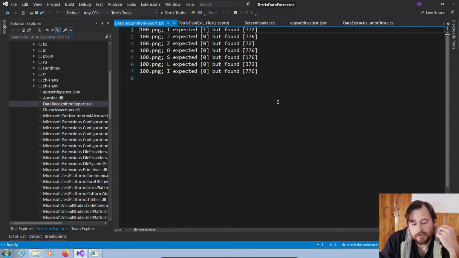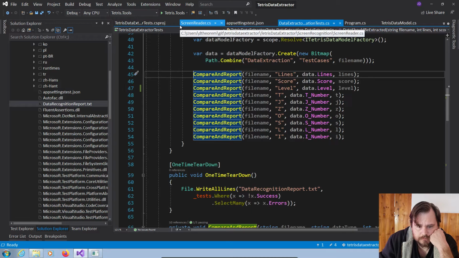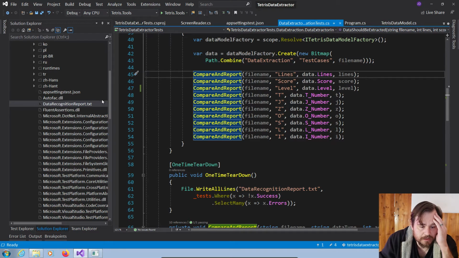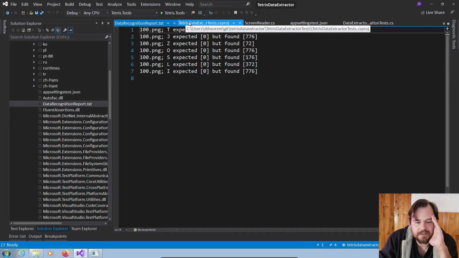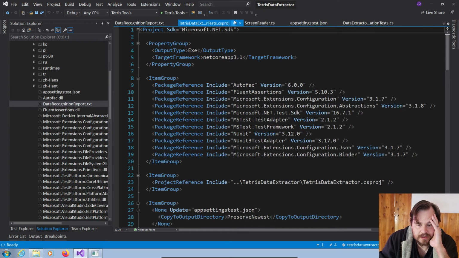Well, my report shows that the score, level, and lines are fine. Oh, see, there. That was me deleting it. Or my natural tendency is to close the file. Okay, so that's okay.